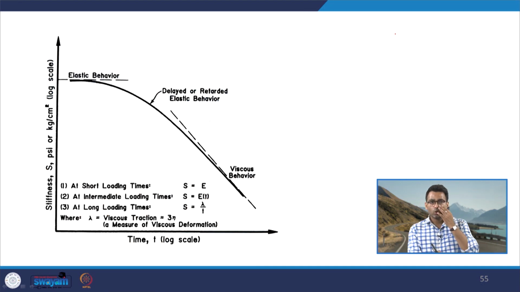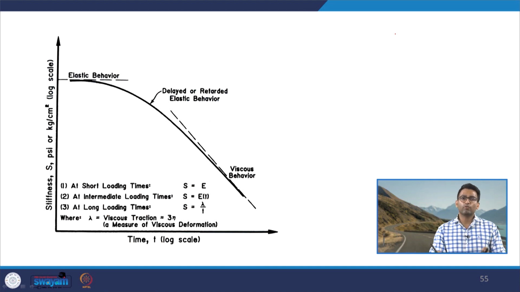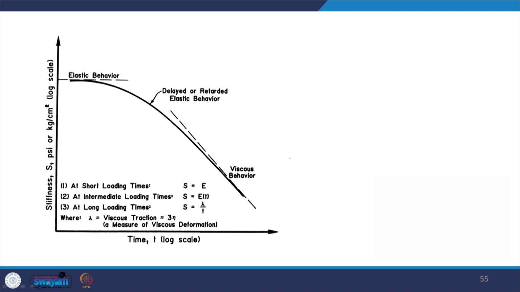This graph shows the variation of stiffness of bitumen with time at one particular given temperature. Let us try to understand the variation of the stiffness. If you see that at the short loading time, the stiffness is time independent and approaches the elastic modulus.